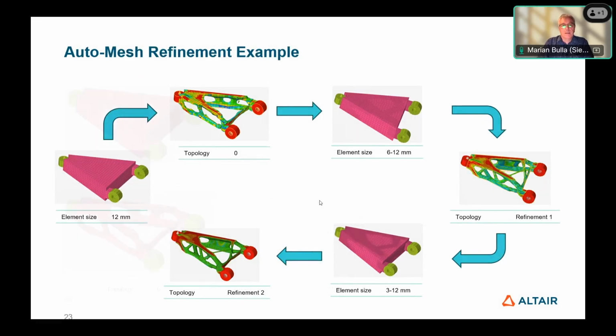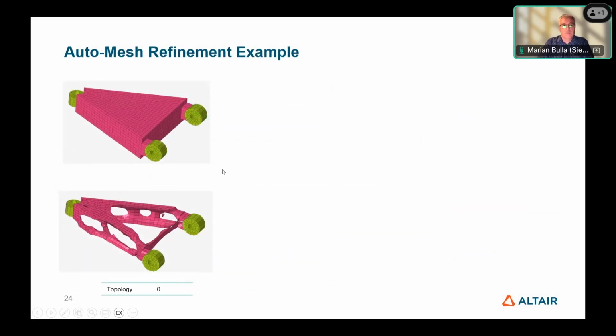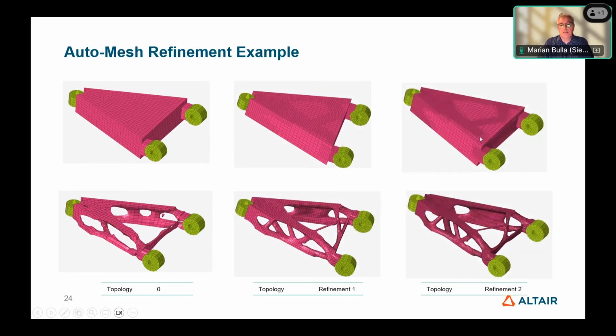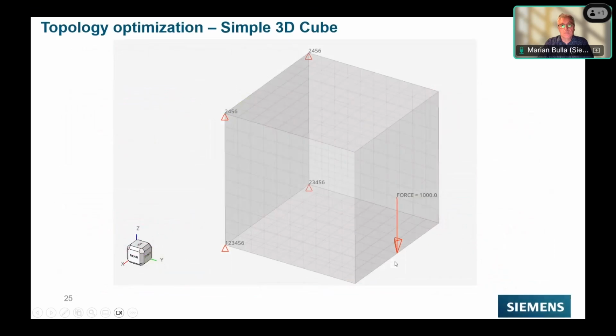I also created a sample model, but first, these are the models where you can already see how the refinement works, starting with the initial coarse mesh. The internal regions which should be kept by the solver are refined in the first stage, and then in the second step even more. So you will get a really nice structure out of it.